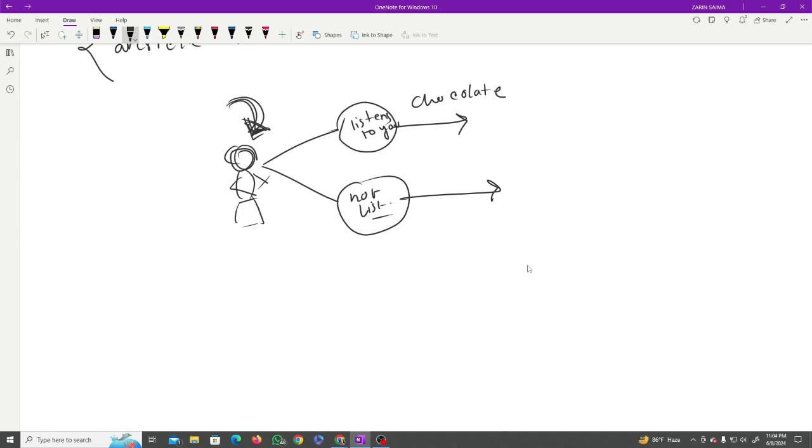Let's say another common example, you're trying to train your dog. You're trying to say, stand up. Let's say your dog's name is Coco. I don't know whether it's a good name or not. Stand up, Coco. Suppose Coco is sitting, you're asking Coco to stand, and Coco is sitting.